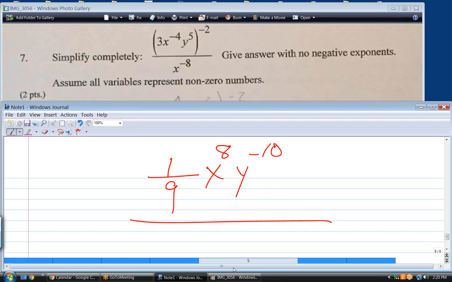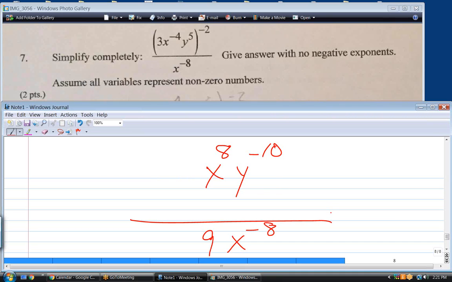And now we'll leave it like that. Okay. x to the minus 8. Now, it is kind of important in math that you understand that if I move that 9 to the denominator, it's the same thing. In other words, the way I have it written right now is confusing, so let's put that 9 down here. Now we're perfect.